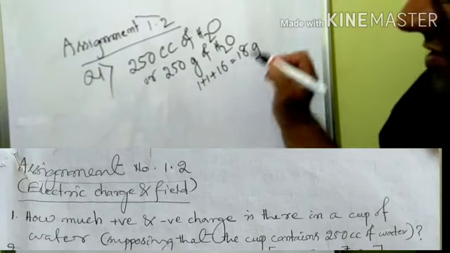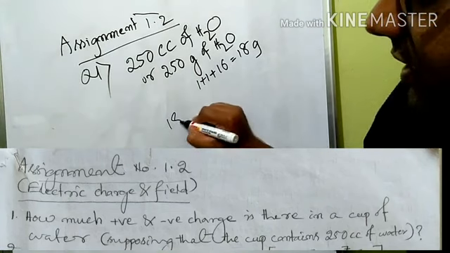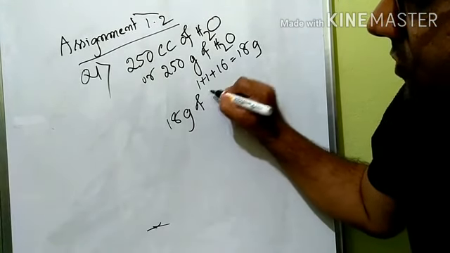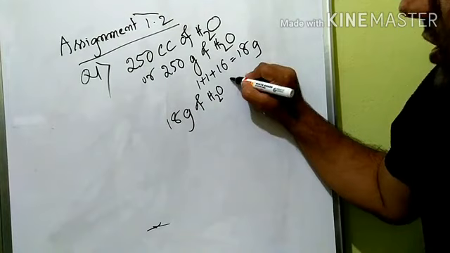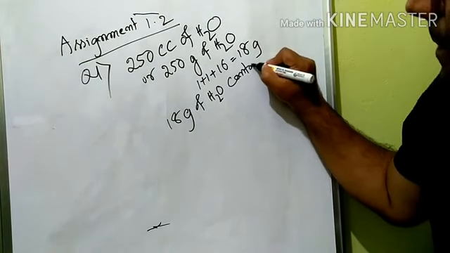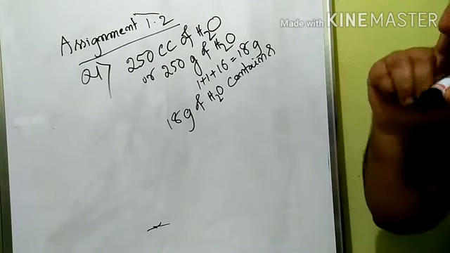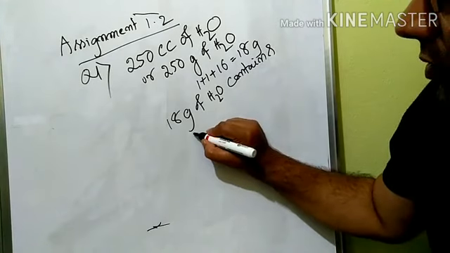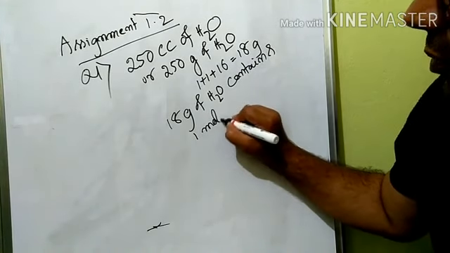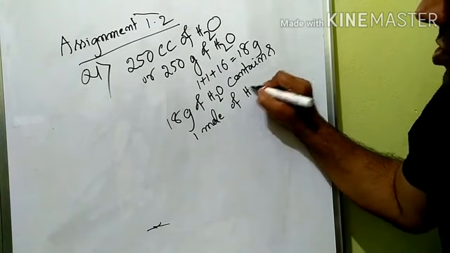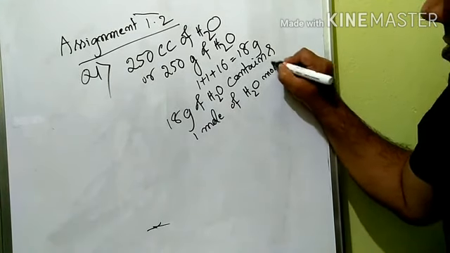So according to Avogadro's number, 18 gram of water contains 1 mole of H2O molecules.